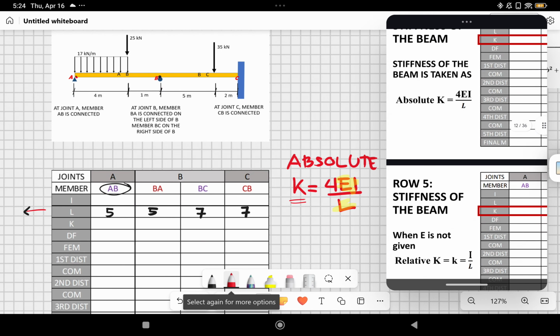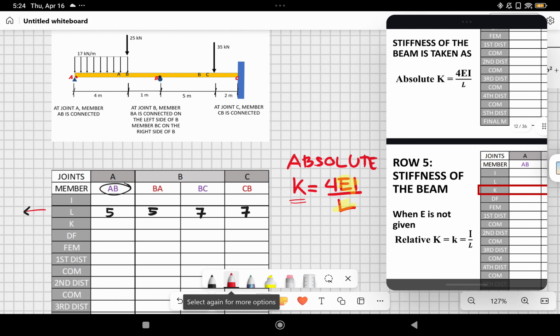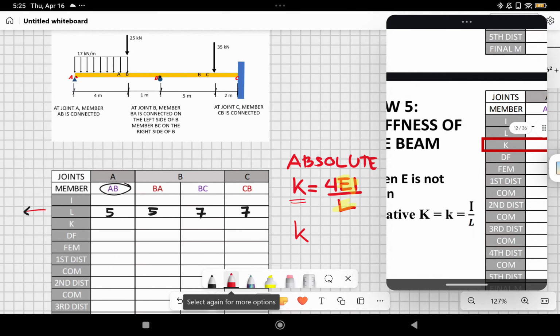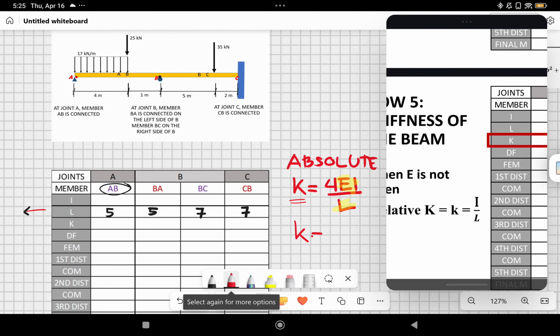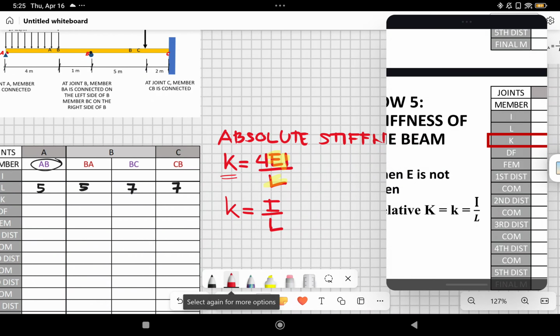Okay, so since E and I are not given, we can use the relative stiffness, or the relative K. It is represented by small k. This one is I over L. This is when E is constant.